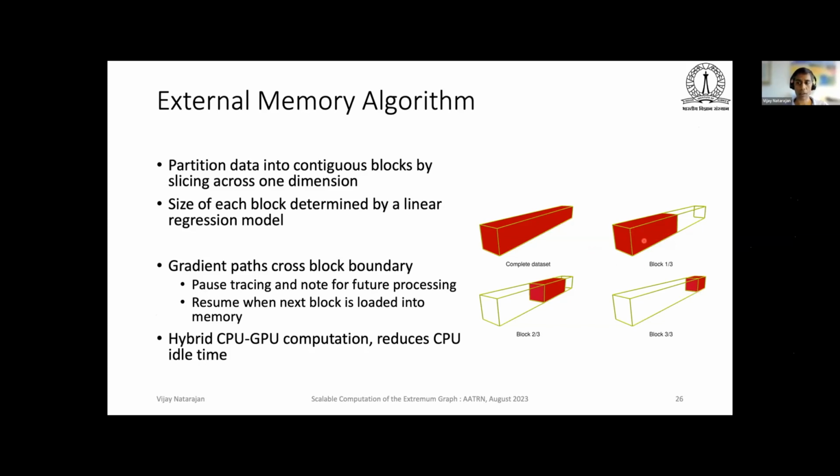The size of these blocks is computed from a linear regression model, which essentially gets data from a set of experiments run on a large number of data sets executed on different architectures with different number of cores, in order to identify what size works best for a given GPU CPU combination.